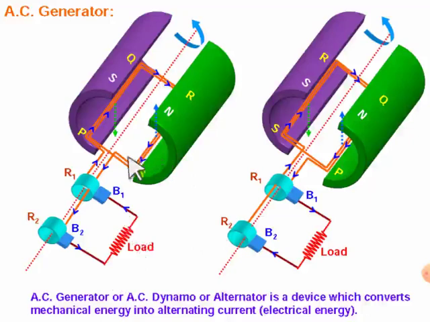So let's take it that this is the first half of the cycle of rotation of this rectangular coil PQRS. In the next half, P will come on this side and S will be on this side.